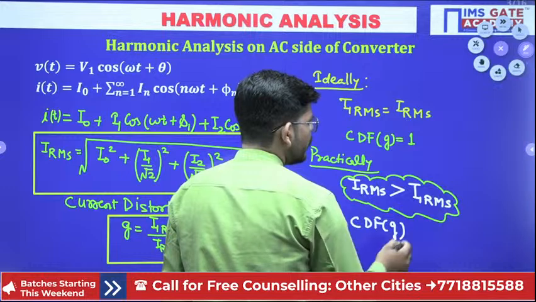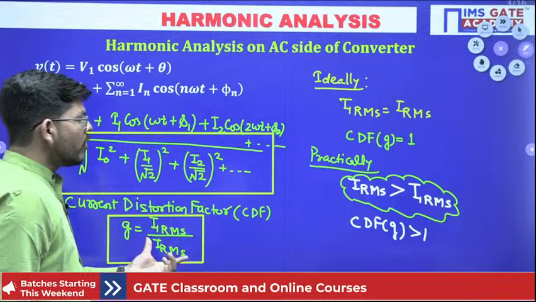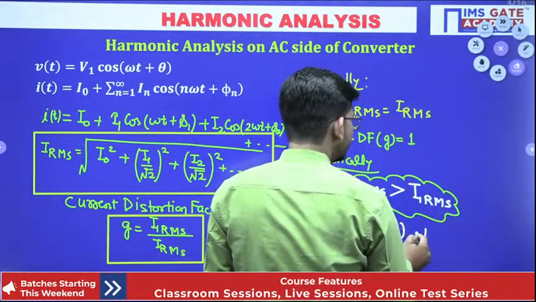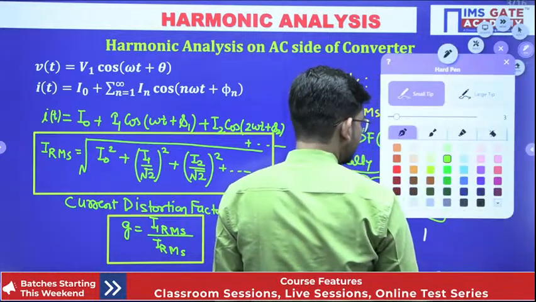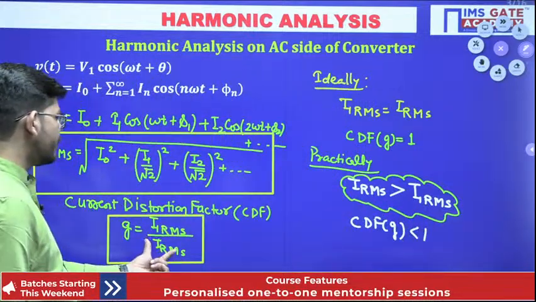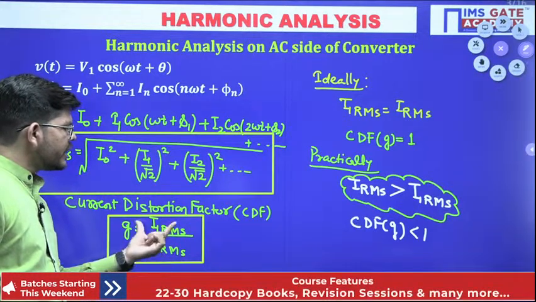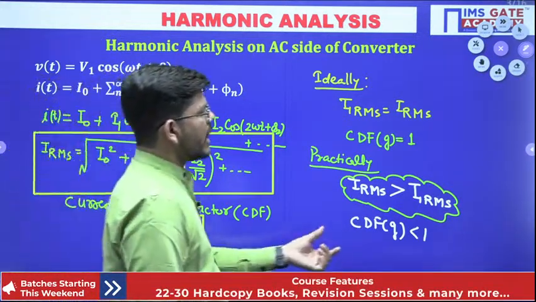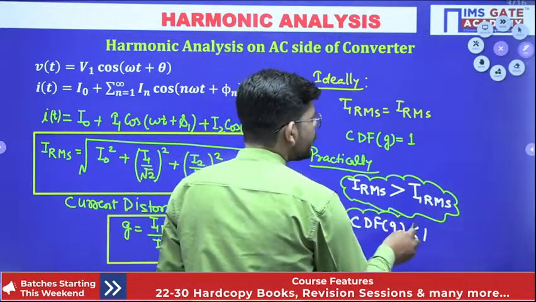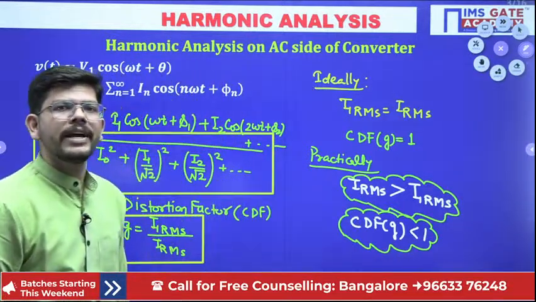G is basically I1 RMS divided by the total RMS component. So if IRMS is greater than I1 RMS, G is going to have a value less than 1. Practically, if harmonics are there, the current distortion factor will have a value less than 1.